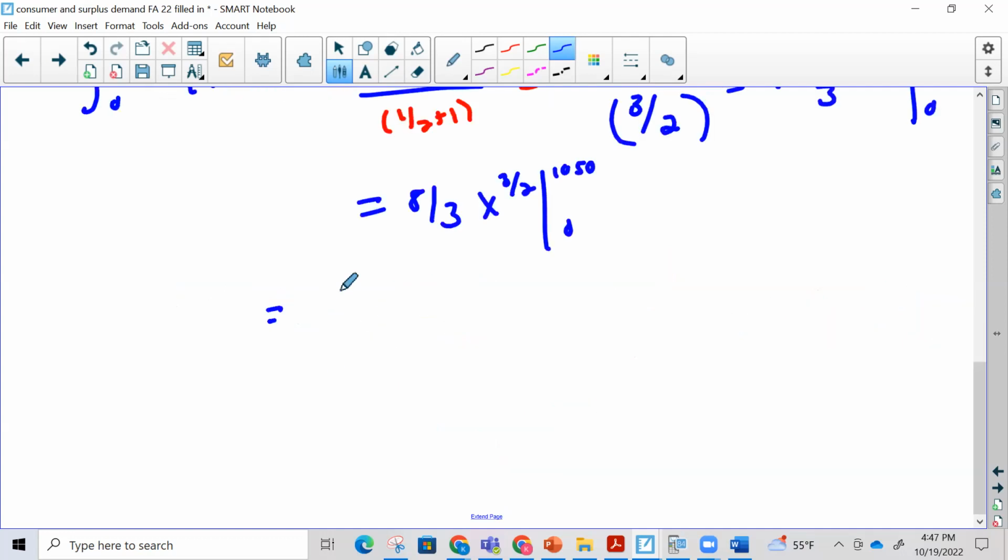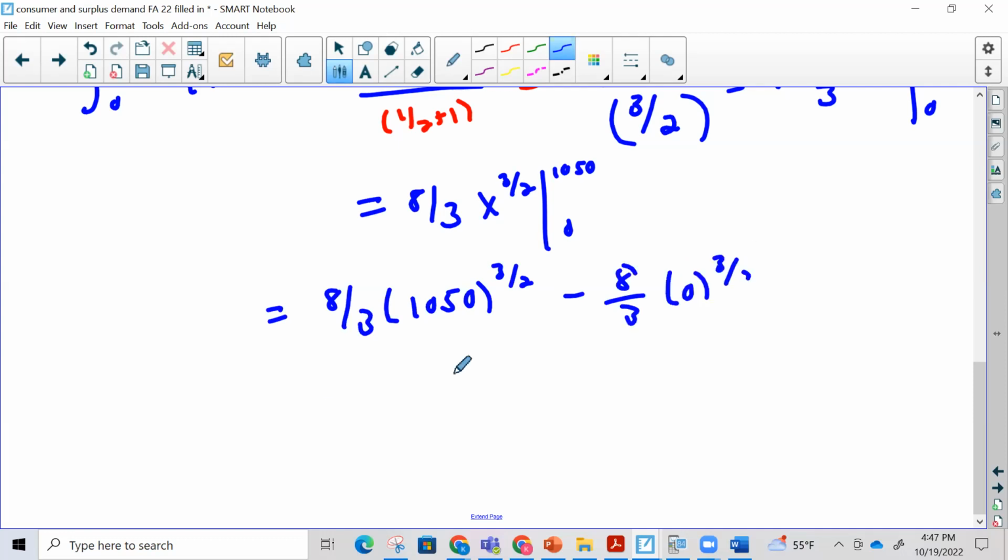So that gives us 8/3 times 1,050 to the 3/2 minus 8/3 times 0 to the 3/2, which again is 0.